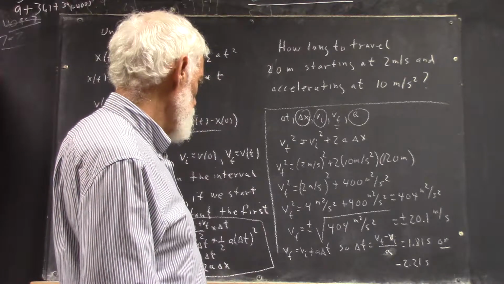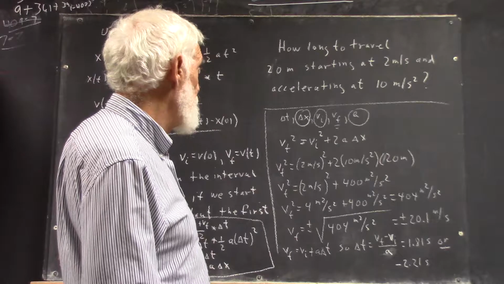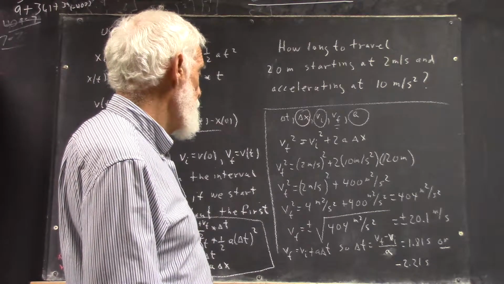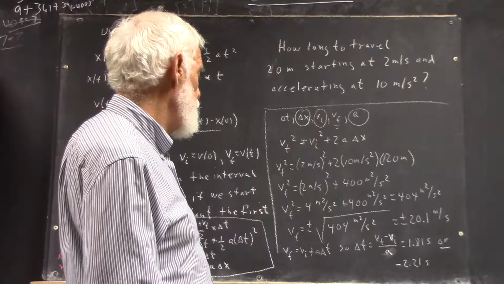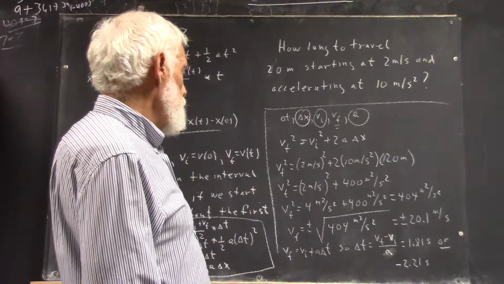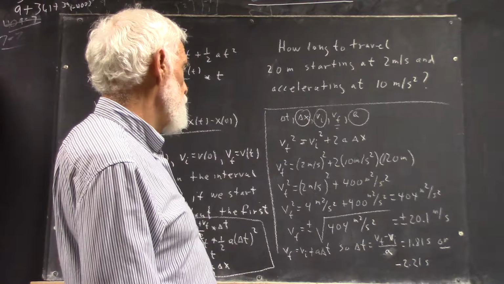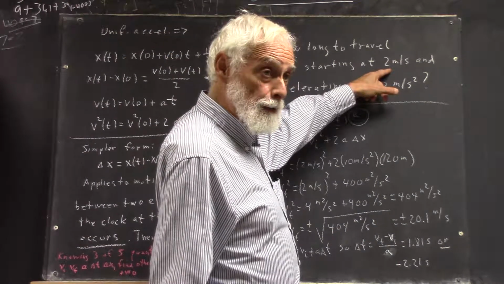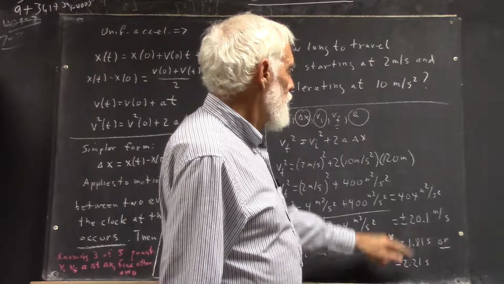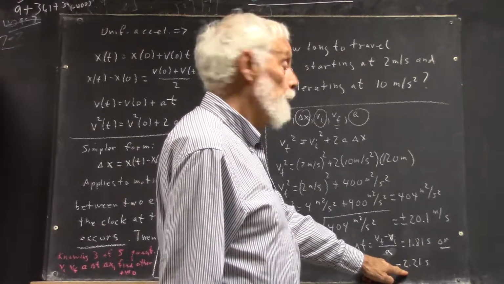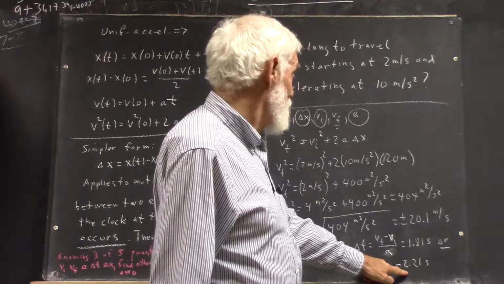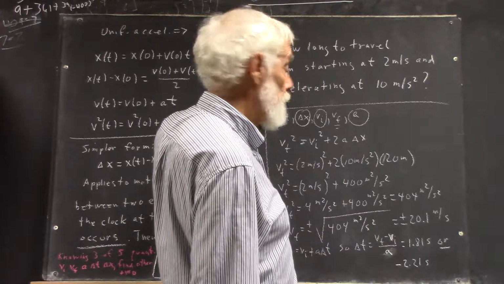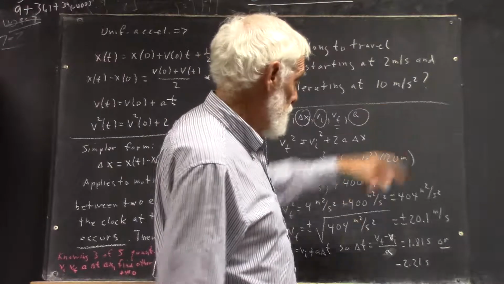And I think I said that wrong. Let's see. No, that's right. That's right. It could end up at 2 meters per second, having started 2.21 seconds before t equals 0, and traveling 20 meters, accelerating at 10 meters per second squared.